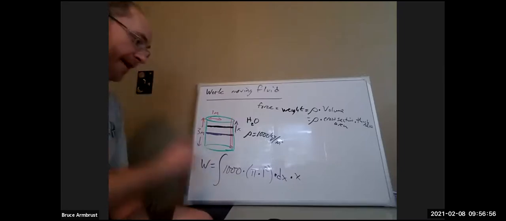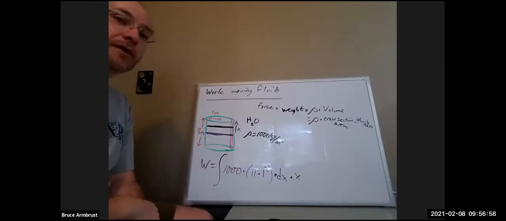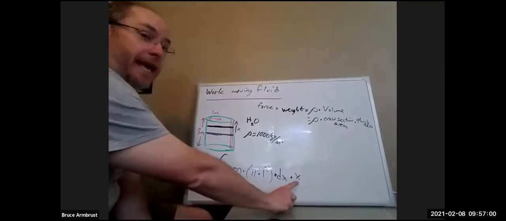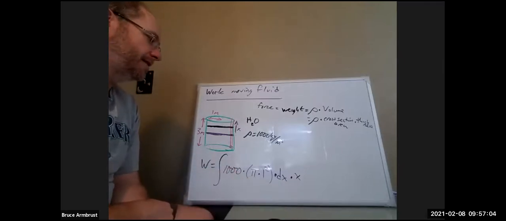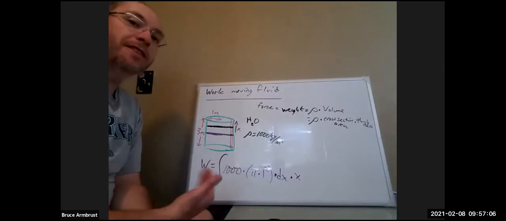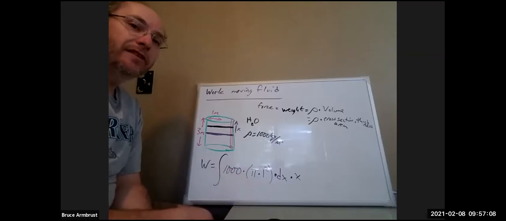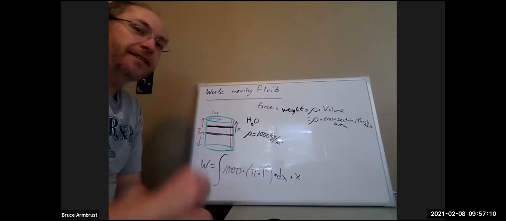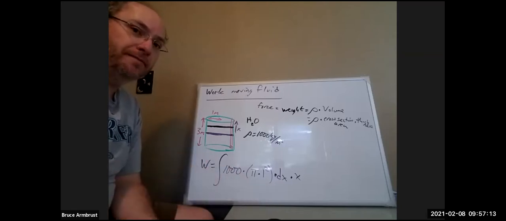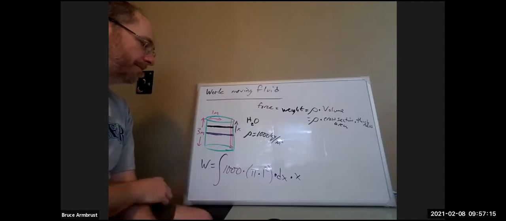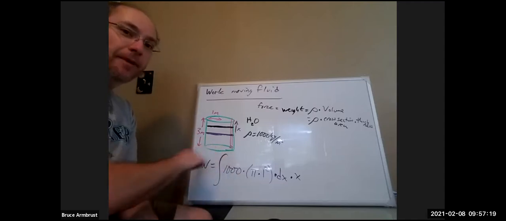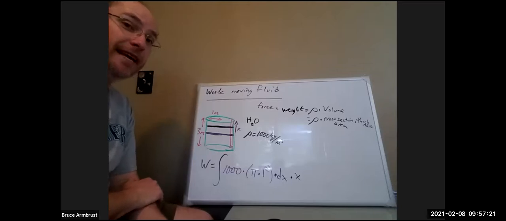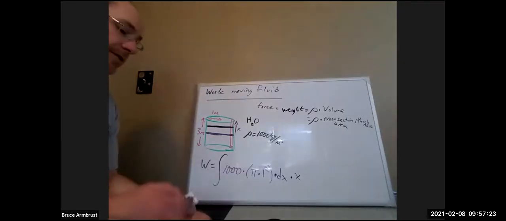I like it. All right, so the last thing we need then are the bounds. So we need to look at the x. What are the bounds on x in this case? Well, those are the distances that these slices have to move. The very bottom slice, the water that's at the very bottom of the tank, has the greatest distance it has to move, which is 3.